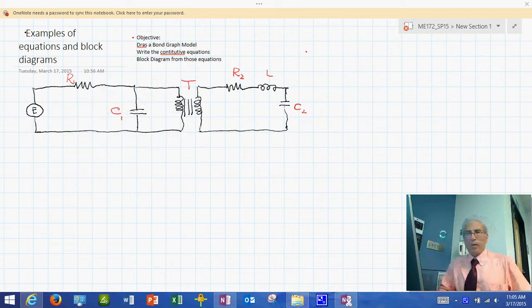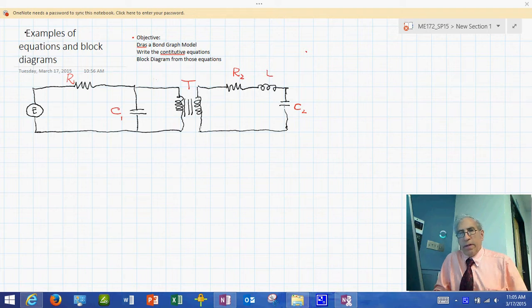Okay, today we're going to see this example that you see on the screen with the following objectives. We're going to draw a bond graph model of it. Then we want to write the equations of the system. And then we want to get those equations ready to generate a block diagram that you can actually use in Simulink.